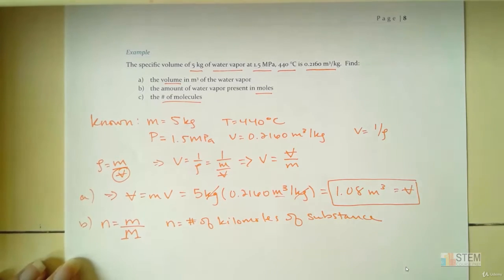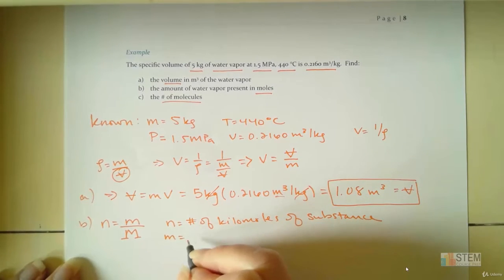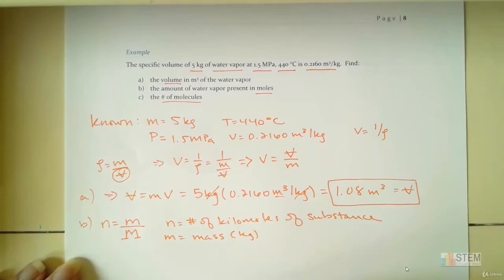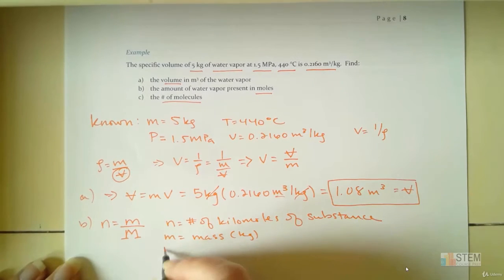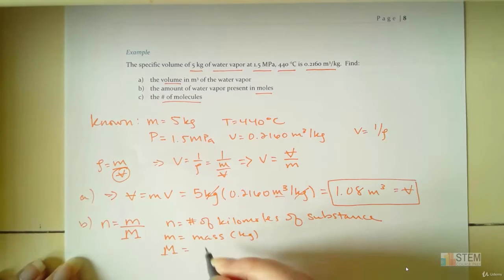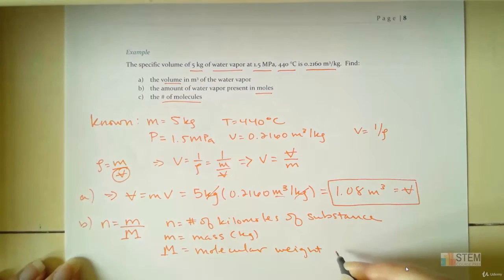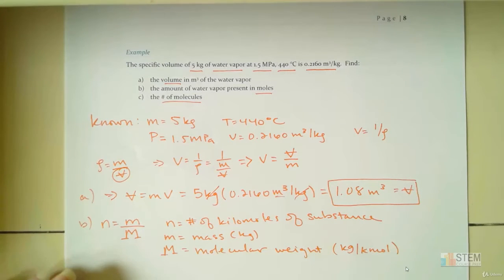All right, so that's what N is. And then little m is going to be your mass. That'll be in kilograms. And then that capital M is going to be molecular weight. Now the units for molecular weight are going to be kilograms per kilomole.